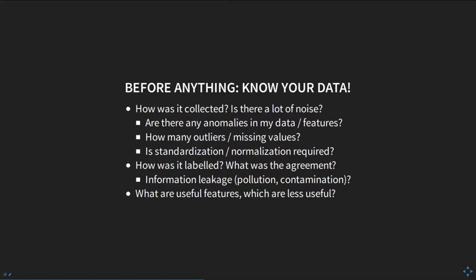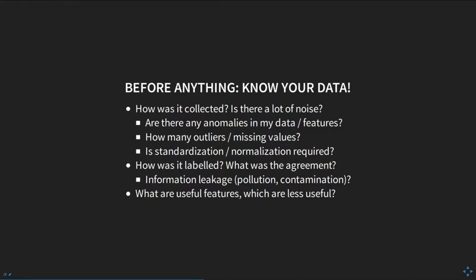And the thing we're most interested in is: is there a lot of noise? Which means, is there a lot of information that is going to be useless? Some features that through their encoding might be useless, and generally everything that the model will be negatively impacted by. One of those examples might be anomalies, and by that I mean, for example, a feature that contains very large values or very small values or very inconsistent values.